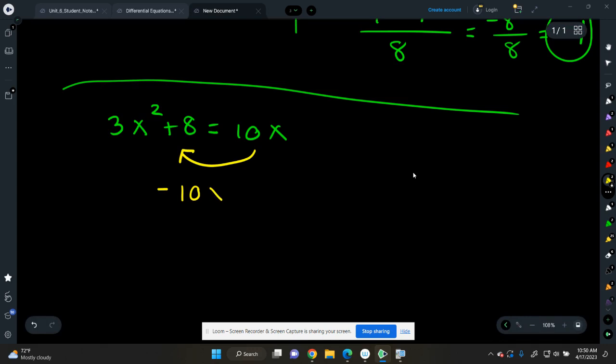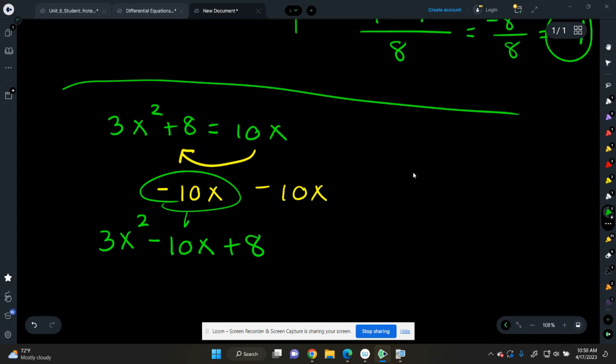Yeah, subtract 10x from both sides. So we have 3x squared minus 10x plus 8. Notice where I put that minus 10x. It's in the middle because I have to have it in the correct order so that I identify a, b, and c correctly. And what does that equal? 10x minus 10x is 0.